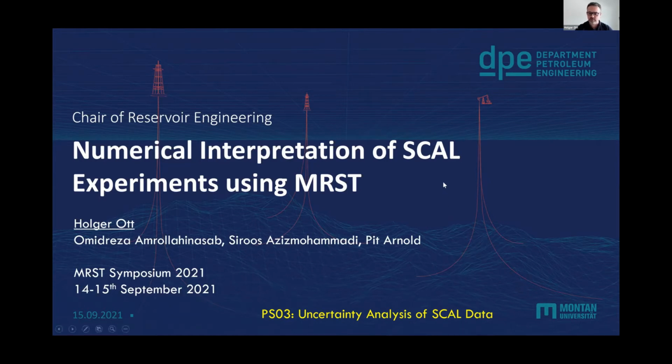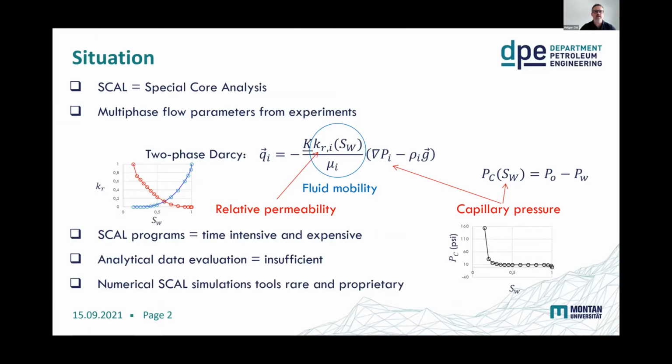Let me switch the slide. The SCAL interpretation tool was initially developed for teaching purposes. We have a SCAL course where people learn the experimental techniques and the interpretation of this data. But in the meantime, we are doing all kinds of data analysis with it, and it works really well.